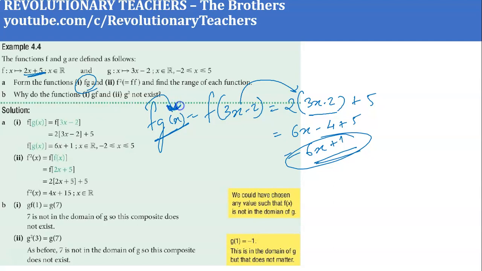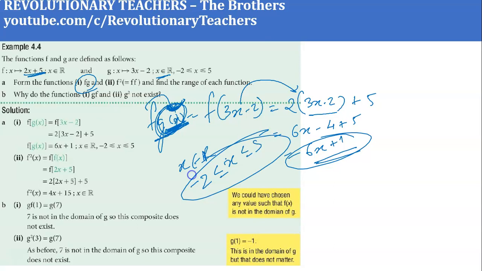Okay, f of g(x) will be dependent on g first, right? Because I'll be getting limited values of g over here, which will be substituted in f. So my x will obviously belong to the real numbers, as it is given, but I will have to put a constraint that x must be greater than or equal to minus 2 but less than or equal to 5.